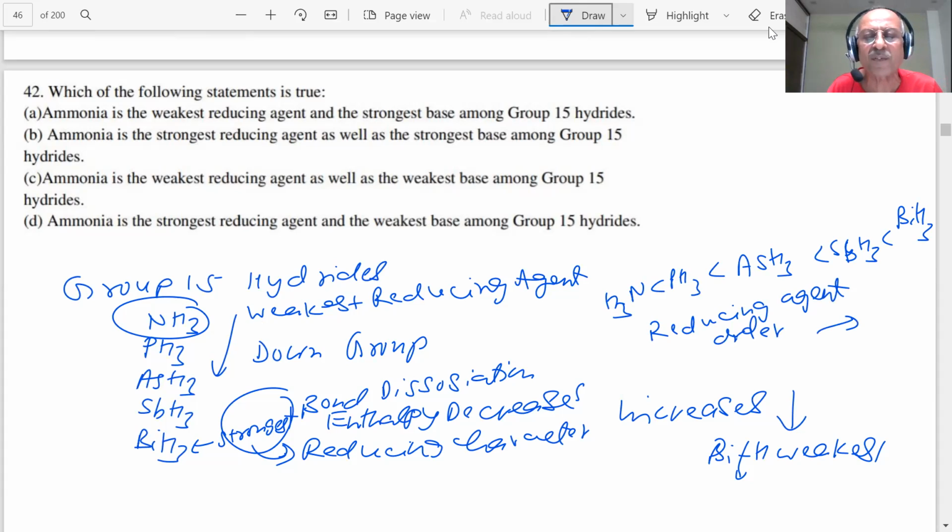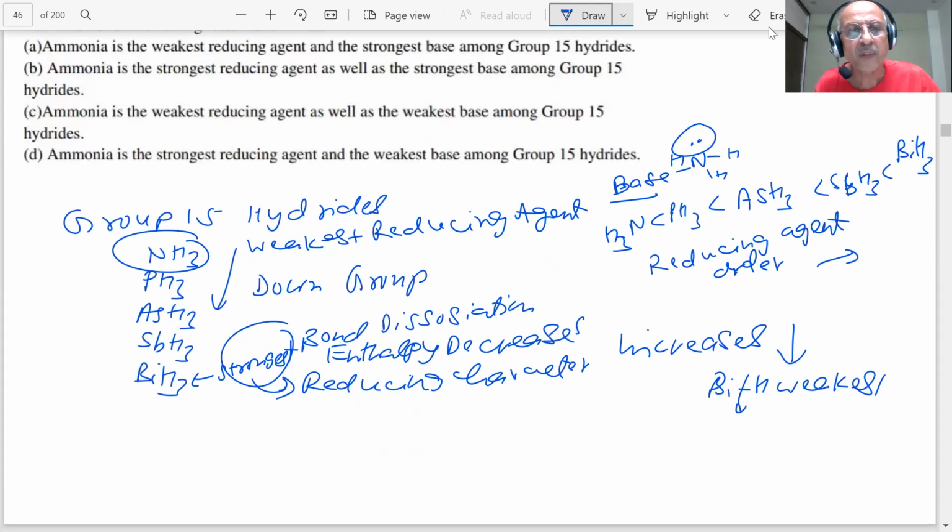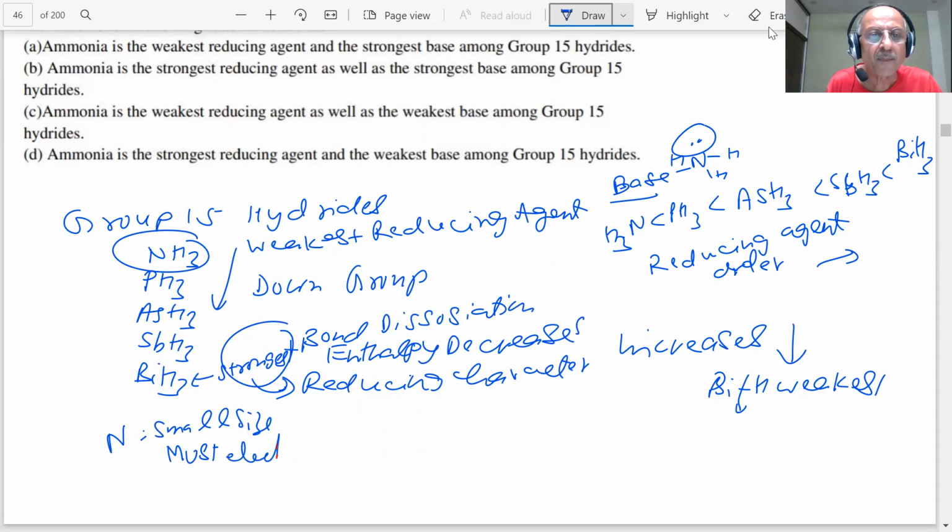When I talk of the base, base means the availability of the electron pair. The electron density is maximum in the case of nitrogen because of the small size. Nitrogen, small size, most electronegative.